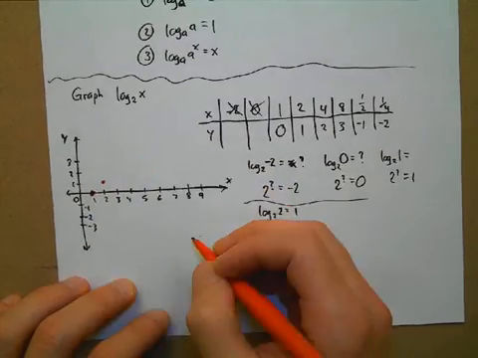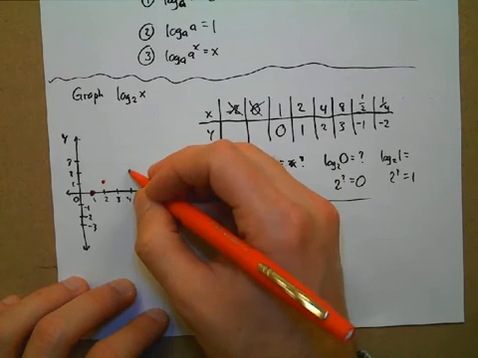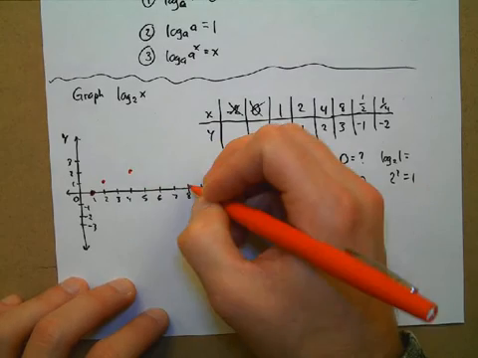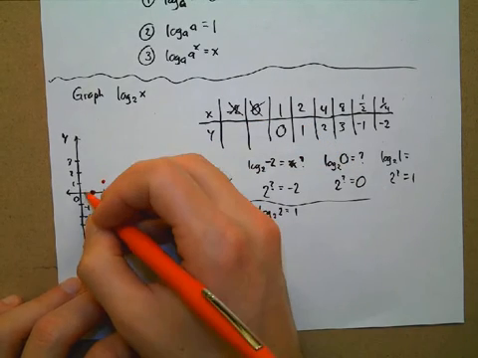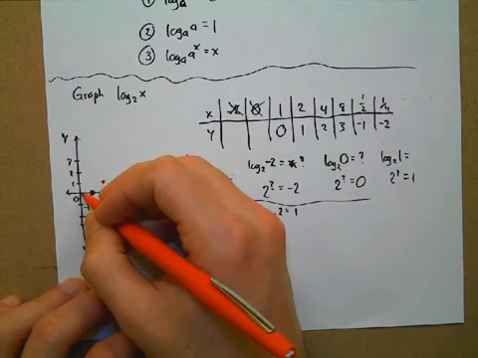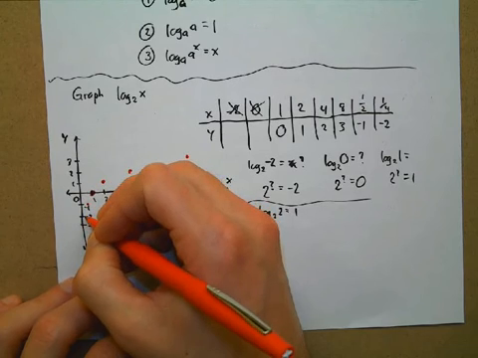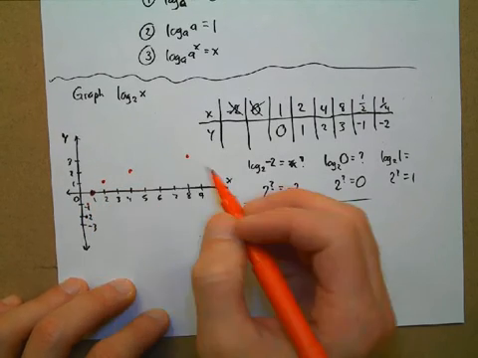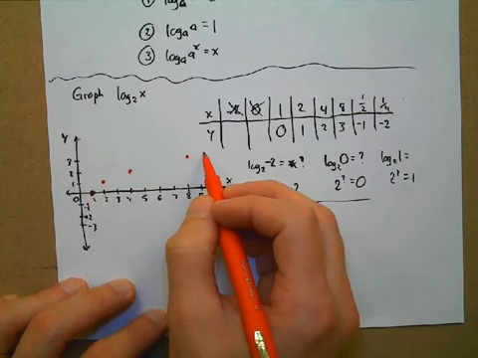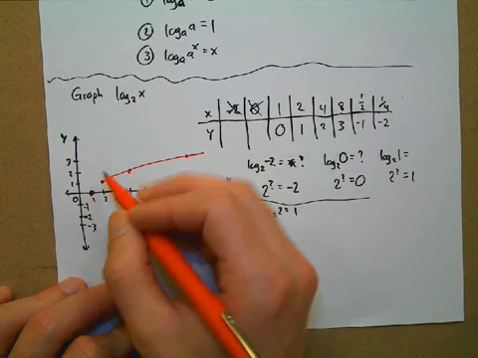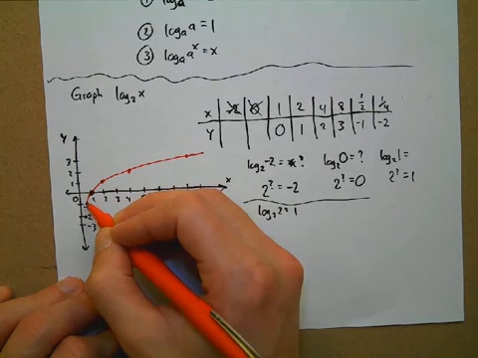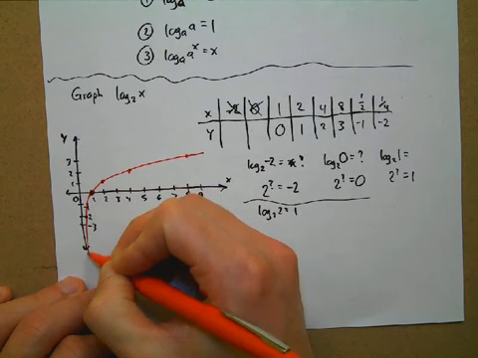Okay, so my curve is going to look something like this. Okay, something like this. Alright, that behavior, as we go to the left, as we approach 0, it's going to go down to negative infinity.